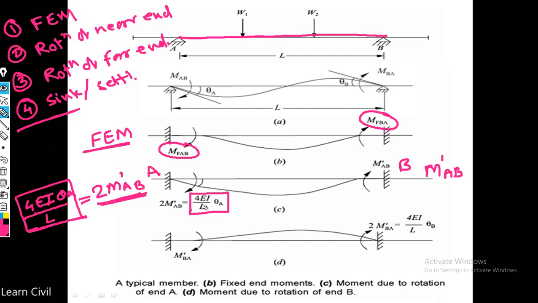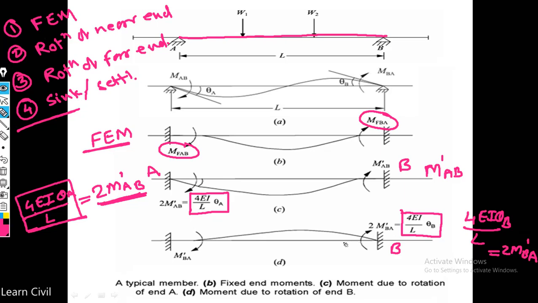At the same time, let us consider that there is rotation of joint B. The bending moment developed due to rotation of joint B will be equal to 4EI theta B upon L. This is denoted by 2m' BA.